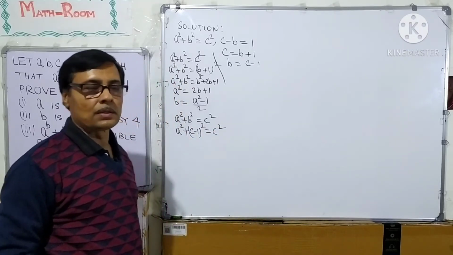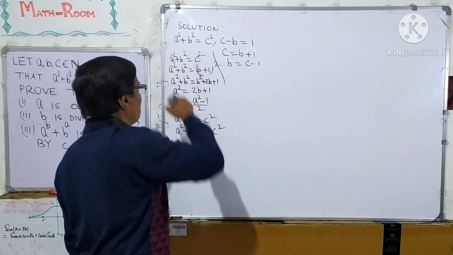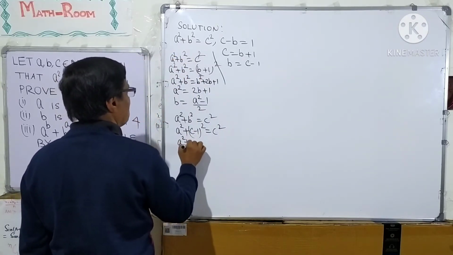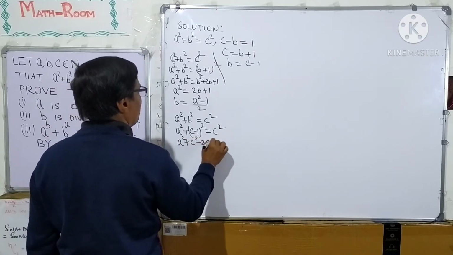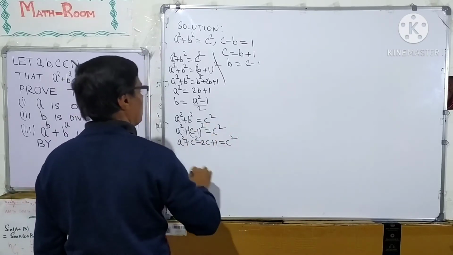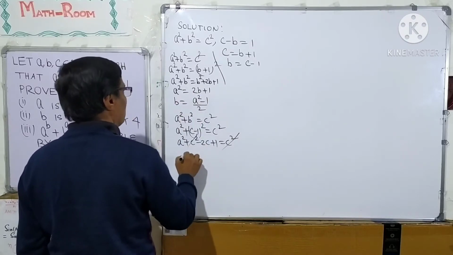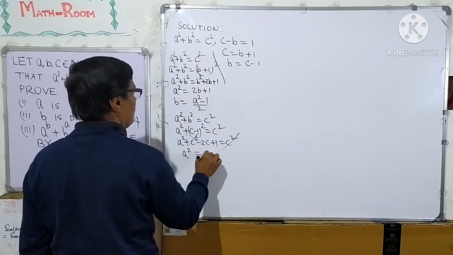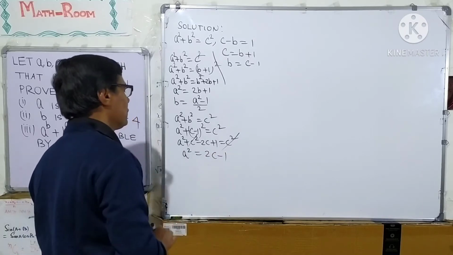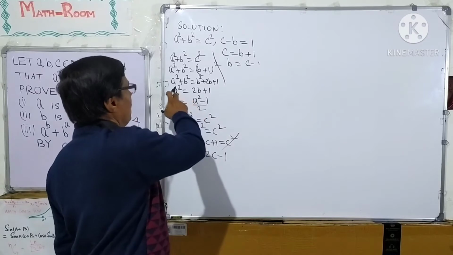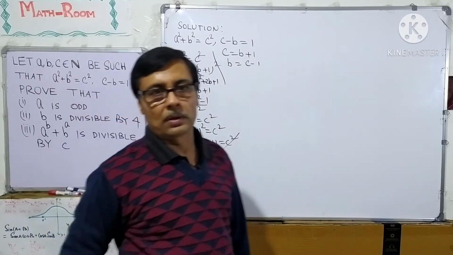That is a square plus c square minus 2c plus 1 equals c square. C square cancels out. Here a square equals 2c minus 1. Now a square equals 2c minus 1 and a square equals 2b plus 1.